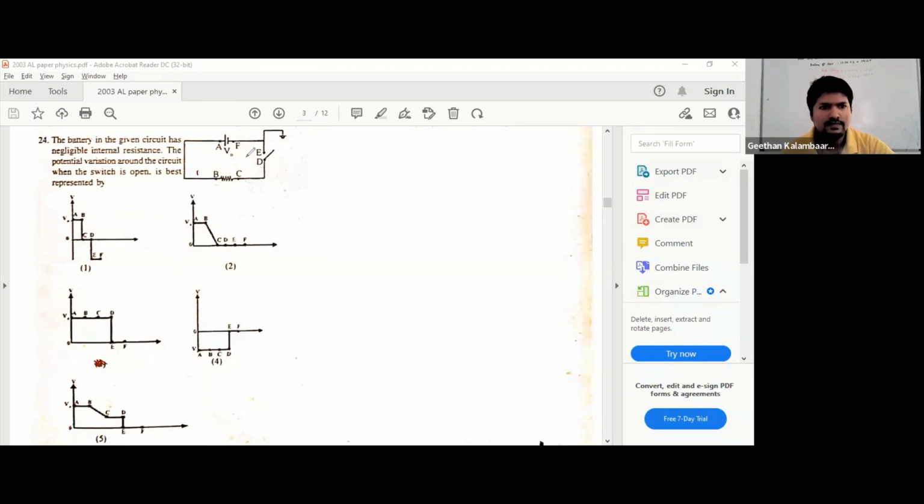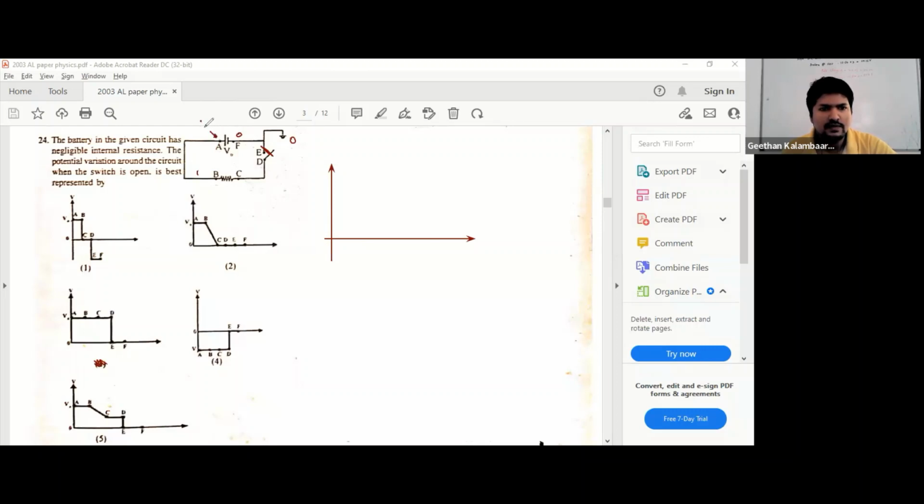The battery in the given circuit has negligible internal resistance, so we are going to close the circuit. If you close it, there is a current. Here is 0, here is all 0, and there's no internal resistance.